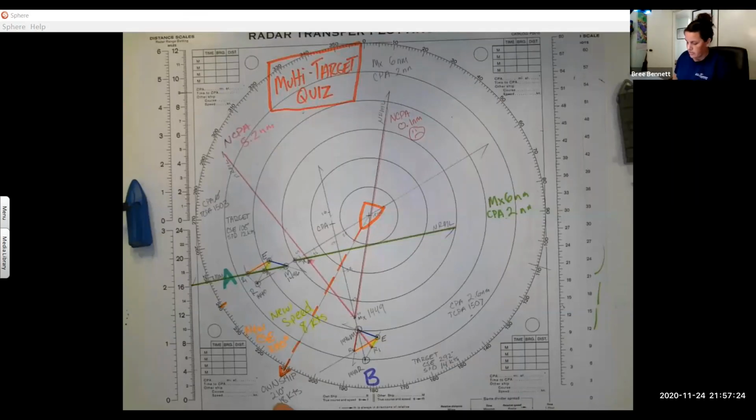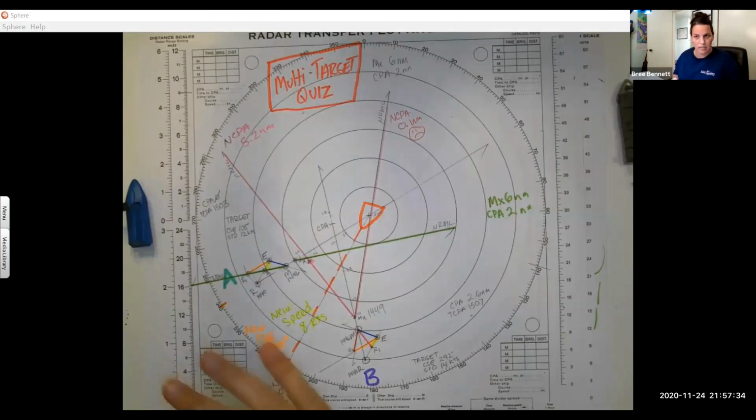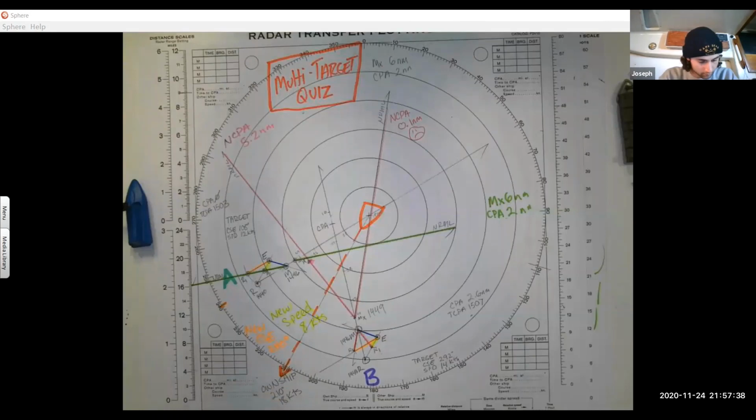So degrees of CPA, are you talking like the bearing of the CPA? That's a possible question, but we haven't really been doing it in my lecture. Is that what you're talking about though? It's not a question on the quiz.